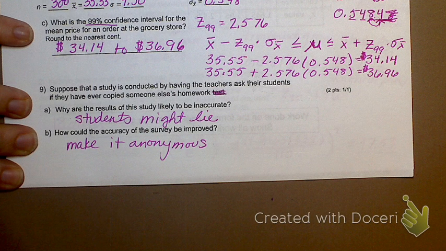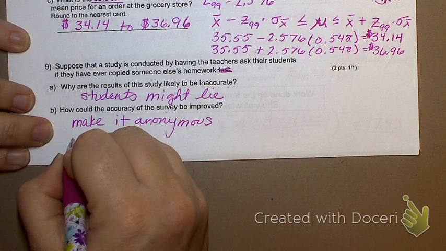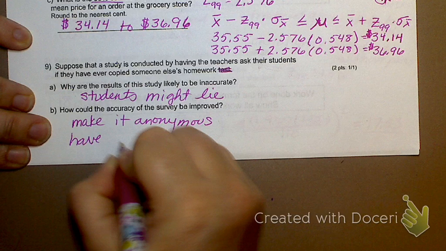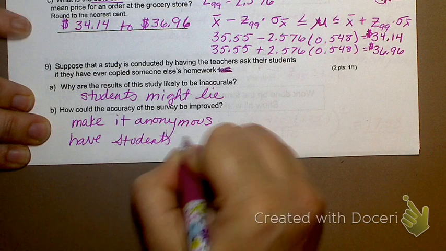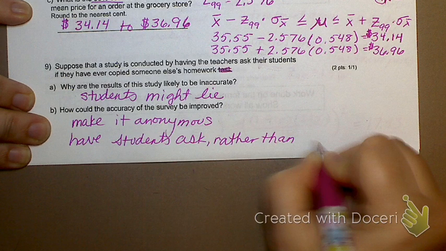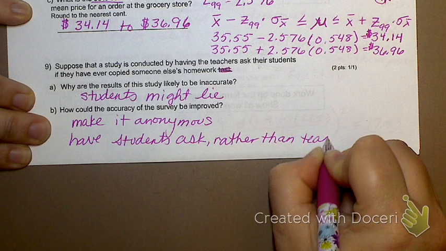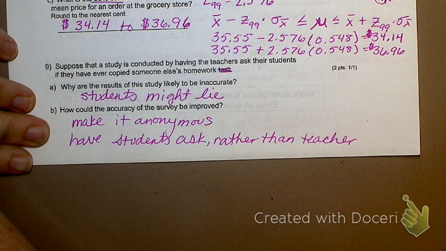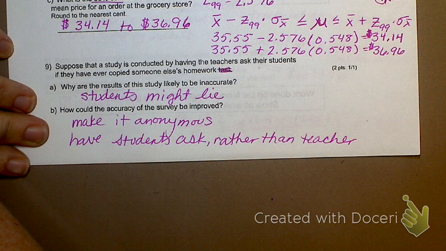You could also have students ask rather than the teacher. Changing who the interviewer is. Okay? And I'm sure if you were thinking long enough, you could come up with some other ones, but you only need to come up with one for that. Okay? Any questions?